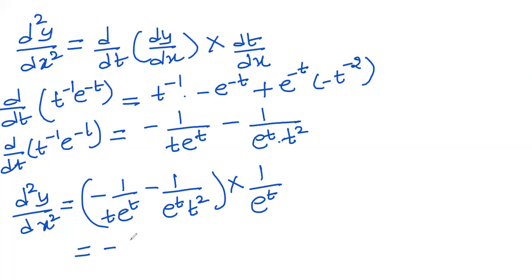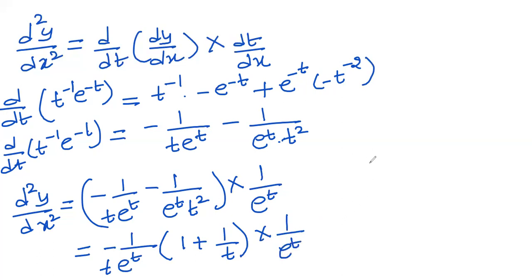Take minus 1 over e power t as a common factor for this term here. I mean, we can take even t common. So we get 1 minus 1 over t, sorry, plus. And then we have times 1 over e power t.